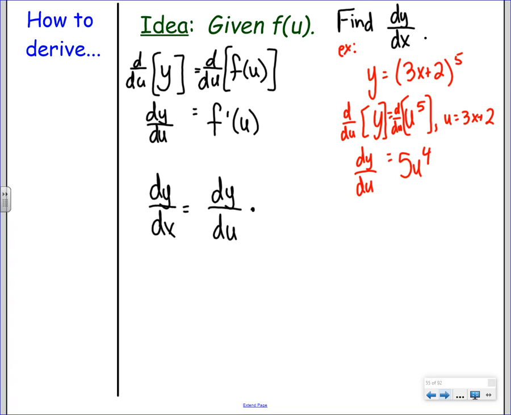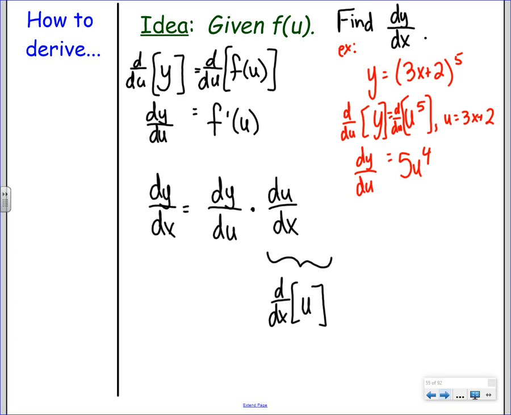What would happen if we derived the u, which I could do because it's in terms of x? What would my notation be? Yeah, instead of dy dx, it'd be du dx.